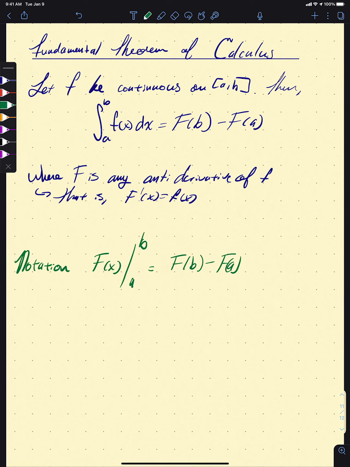And with this notation, the fundamental theorem becomes the integral from a to b of lowercase f of x dx is capital F of x evaluated between a and b, right? This is just a different notation for this.